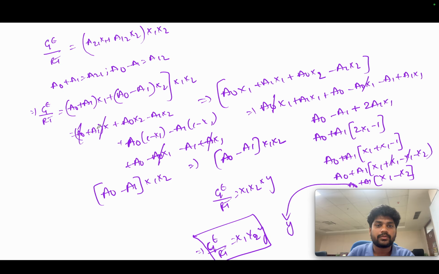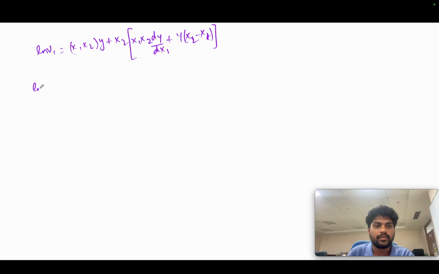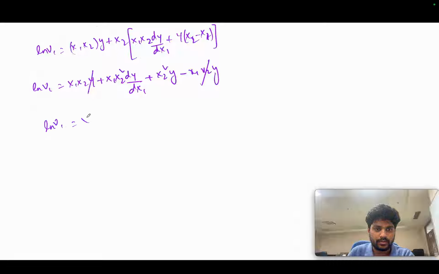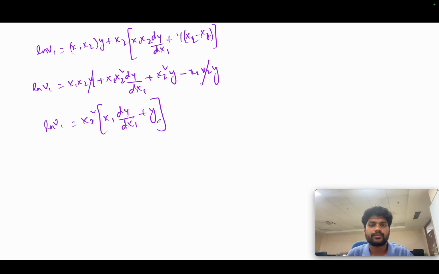So from this equation we can derive x1 x2 y plus x1 x2 square dy by dx1 plus x2 square y minus x1 x2 y. So this will get cancelled, equal to, if I take x2 square common, 1 by x plus y. I think this is the equation which you will see in the class.